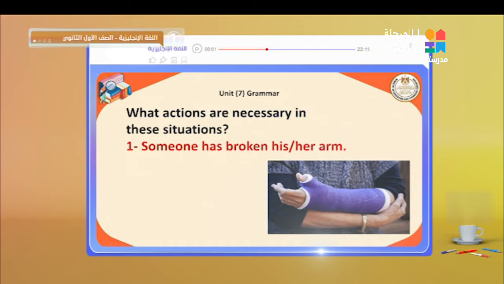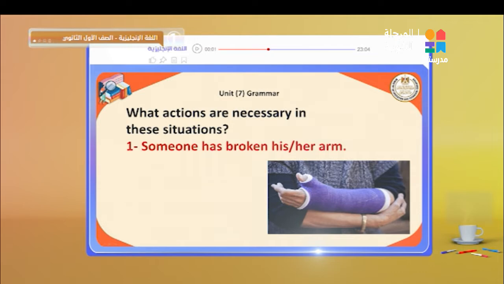Here we have some situations for you, and you can again think and tell me some response, how can you give advice in these different situations. What actions are necessary in these situations? What actions can you take in these situations? Here, look at this picture. What can you see? Someone has broken his or her arm.